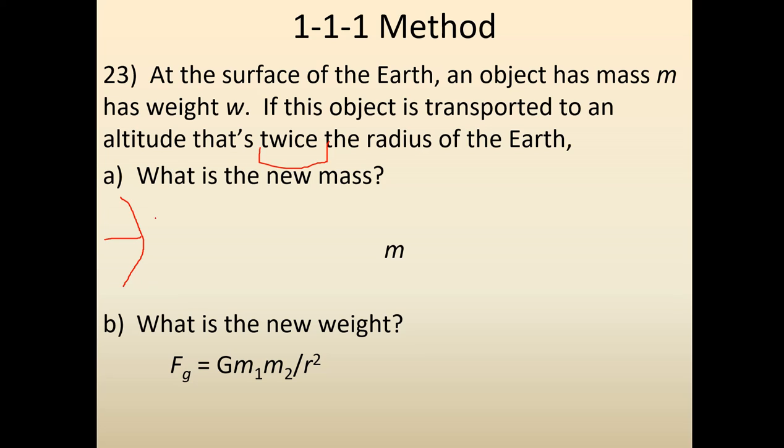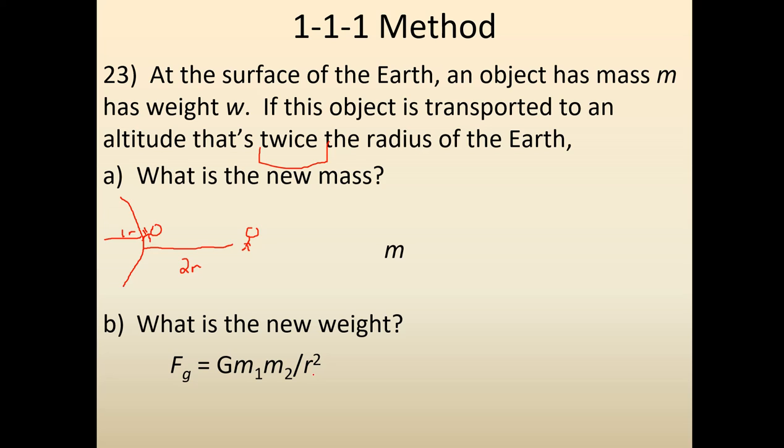Before, we were standing on the surface of the Earth, like this, and we were 1 Earth radius away from the center. In the next part, we're over here. We're at an altitude of twice the Earth radius. So from the surface of the Earth, we're now 2 Earth radiuses away.